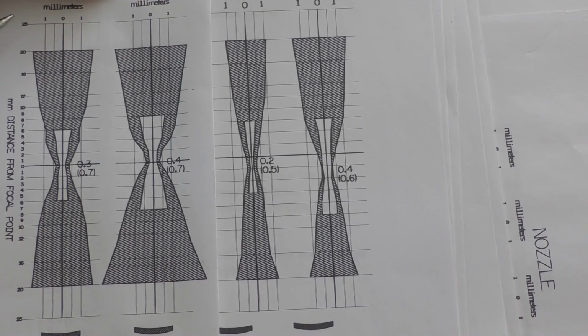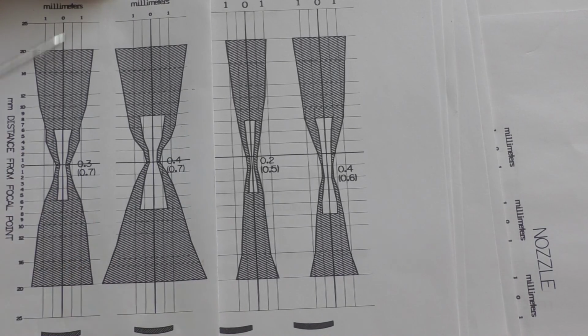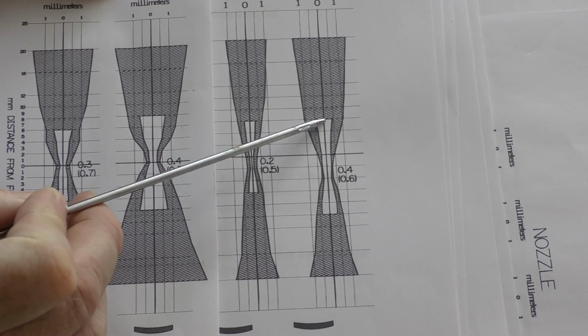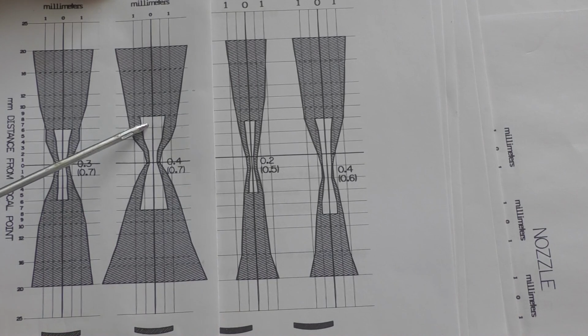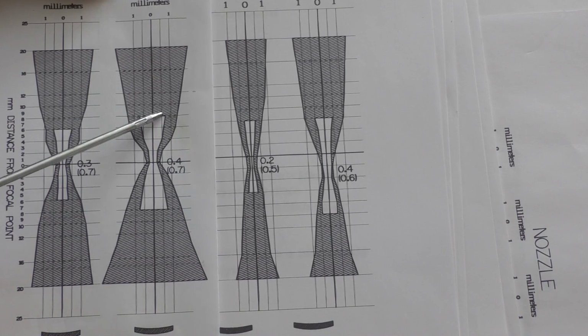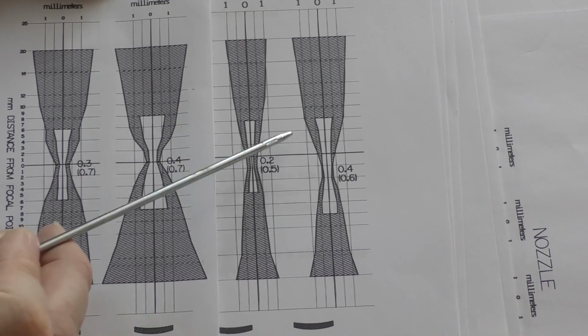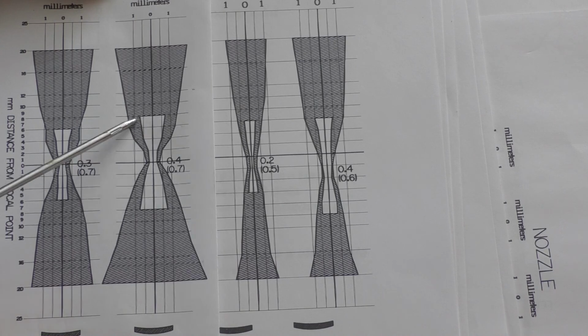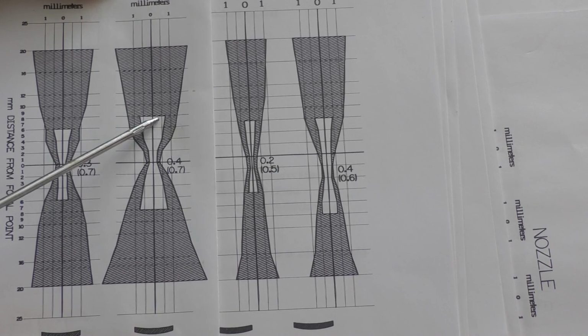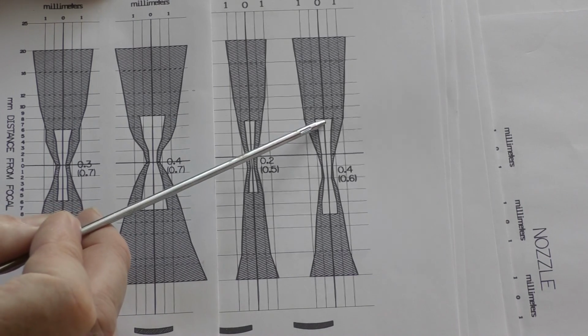And the other interesting thing about this particular map is, although we've got 2.5 times as much power here, I would have expected this to creep up here more because we've got more energy going up the beam, but it doesn't appear to be the case. What seems to be happening is the energy is spreading out inside the beam more so that we get only to the same depth.